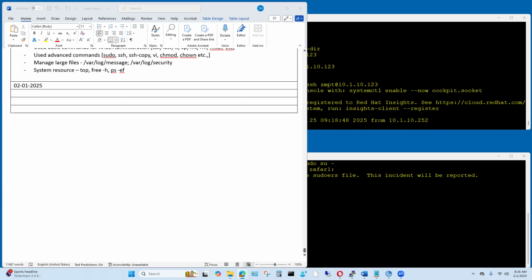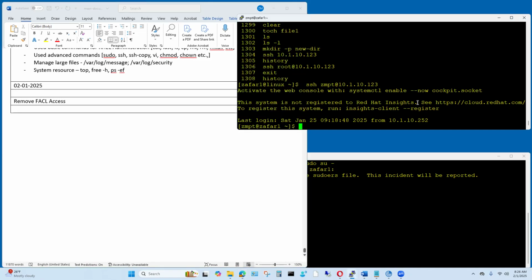you just have to run the command here. So let's see here. Remove faculty access. So what I'm going to do is I'm going to switch to root.